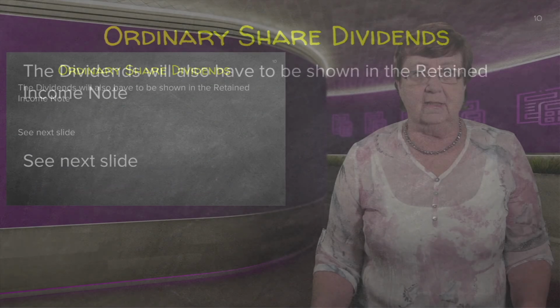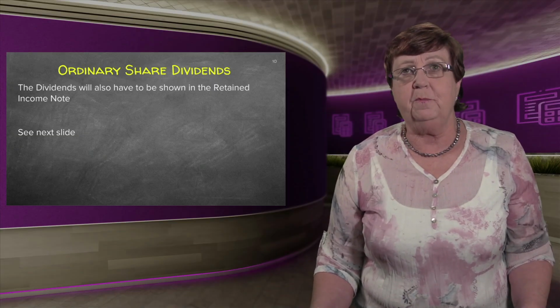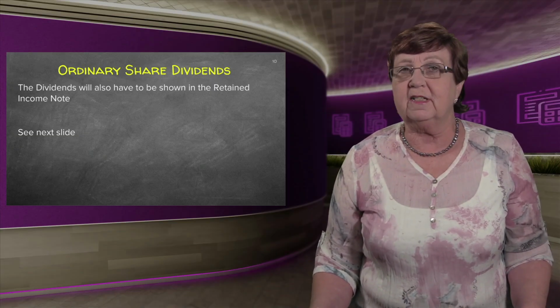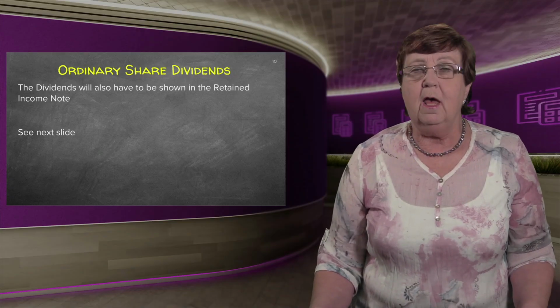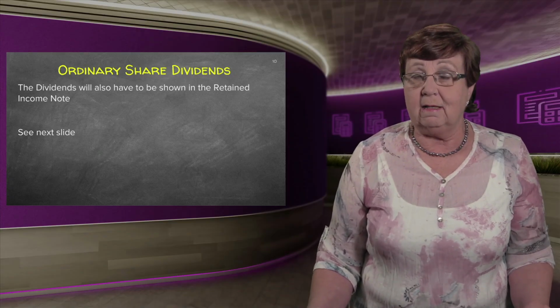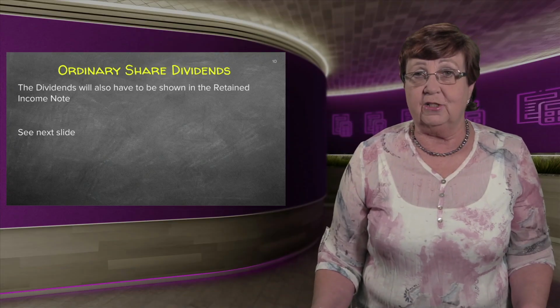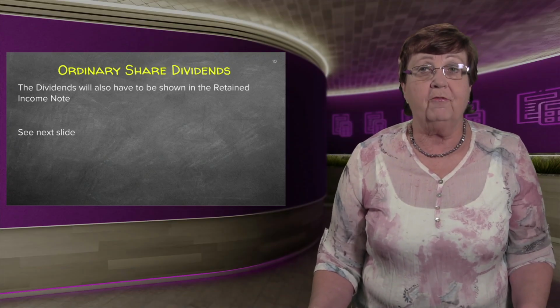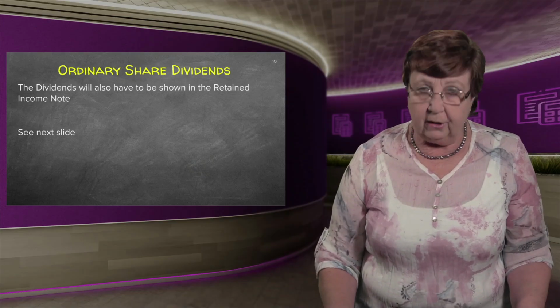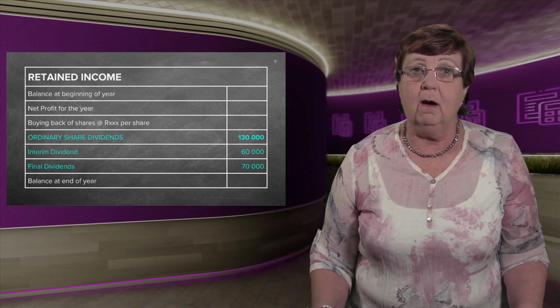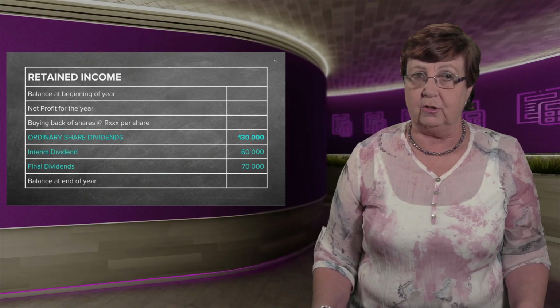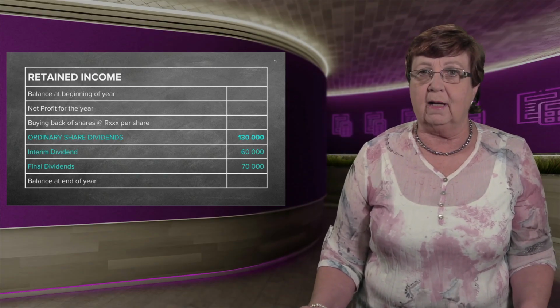Ordinary share dividends also have to be reflected in the retained income note, because the dividends, as I said just now, are paid from the net profit. So let's have a look and see what our retained income note to the balance sheet would look like.